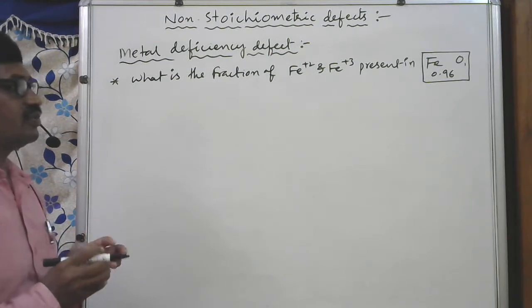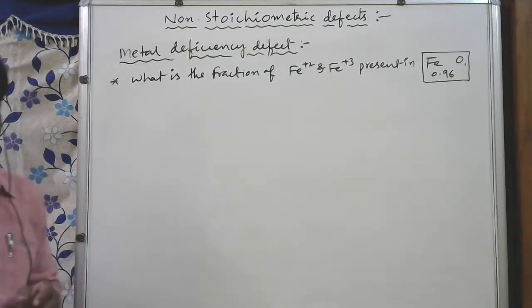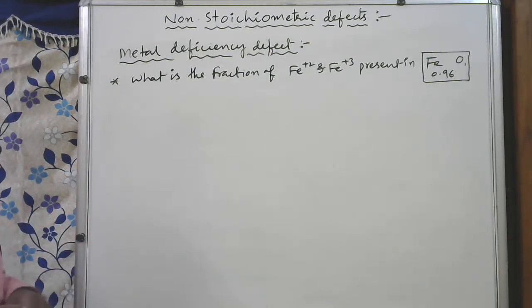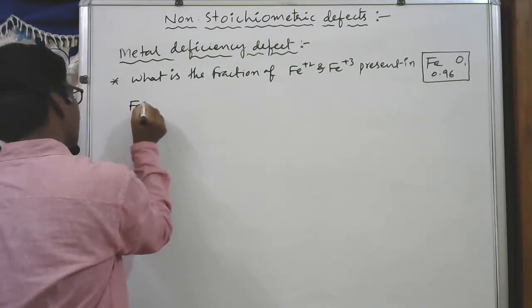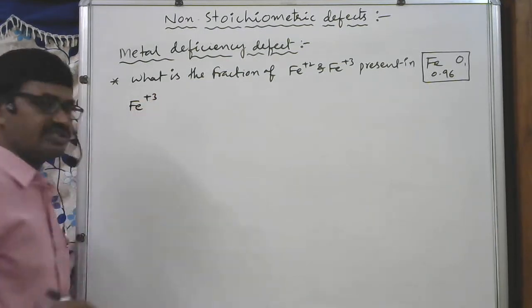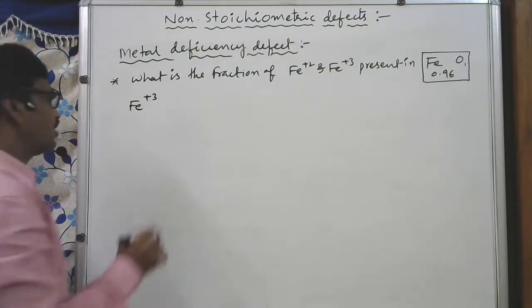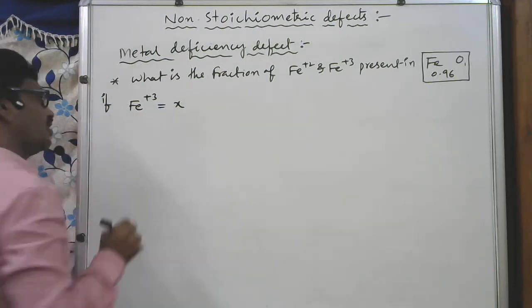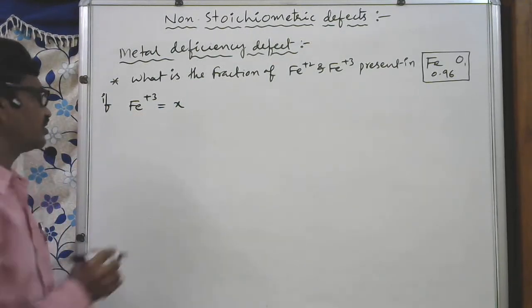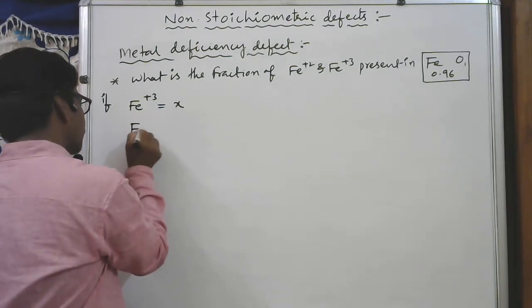See here, total 0.96 irons are present. Among these 0.96 irons, some irons are Fe plus 2 and some irons are Fe plus 3. For example, Fe plus 3 irons I am taking as X. If Fe plus 3 is equal to X, then how many Fe plus 2 are present?